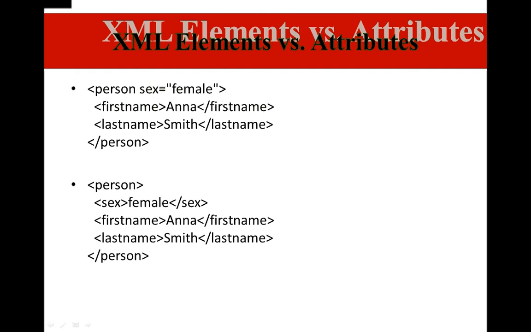So the best practice says whatever information you are sending in the form of XML, make sure that the entire data is written in the form of elements. If you are sure that the data is not at all useful, even if you parse it with the parser, then you can make it an attribute. That's what the best practice says.